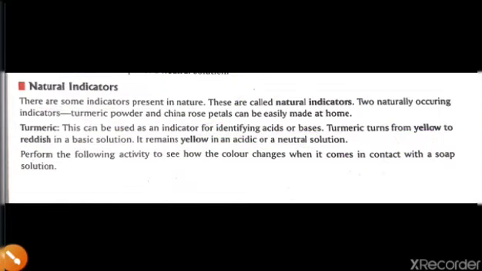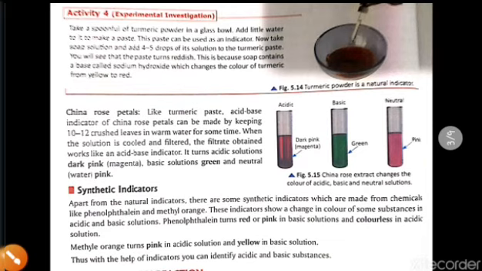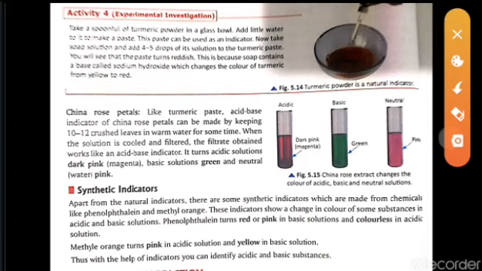Let's perform an activity to see this. We have the experiment here. I am telling it in short. They have taken turmeric powder and added some water to make a good paste. On that paste they have given a drop of soap.